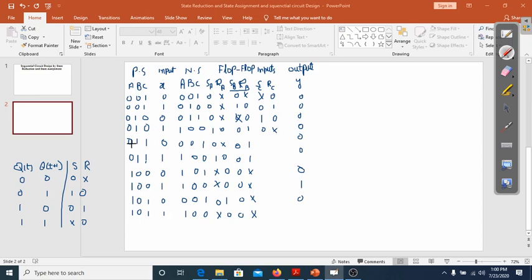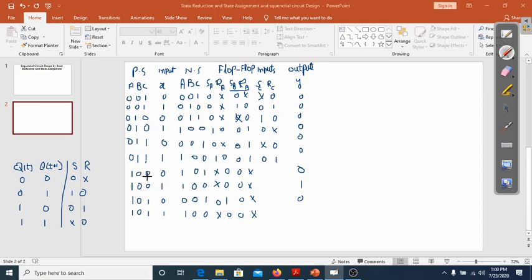So here the present state 1, next state 1, so in this case set is don't care, reset is 0. Here the present state is 1, next state is 0. When the present state is 1, next state is 0, so I will use 0 1.